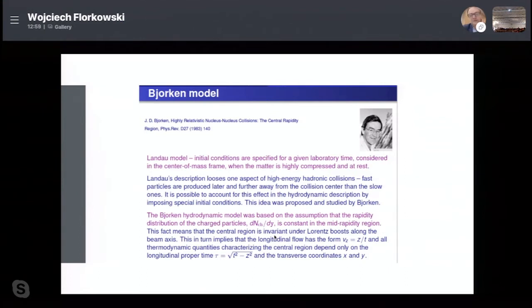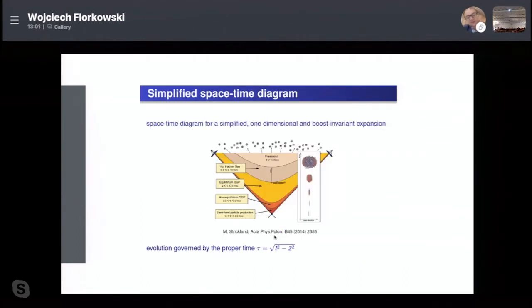How does this work? Essentially, in the Bjorken model, the evolution is kind of one-dimensional. So this is still a good approximation for the early stages of heavy ion collision at very large energies when we look at the central region.